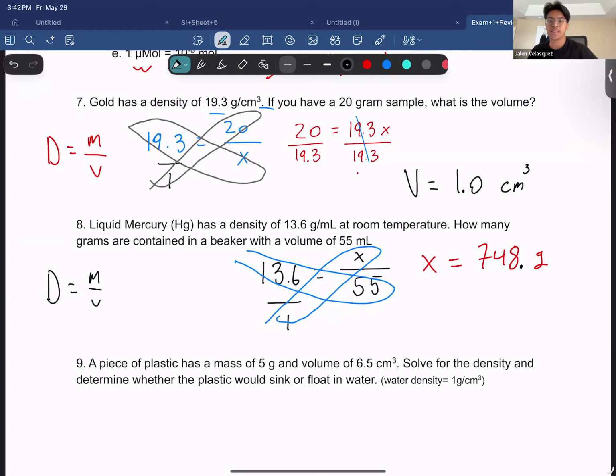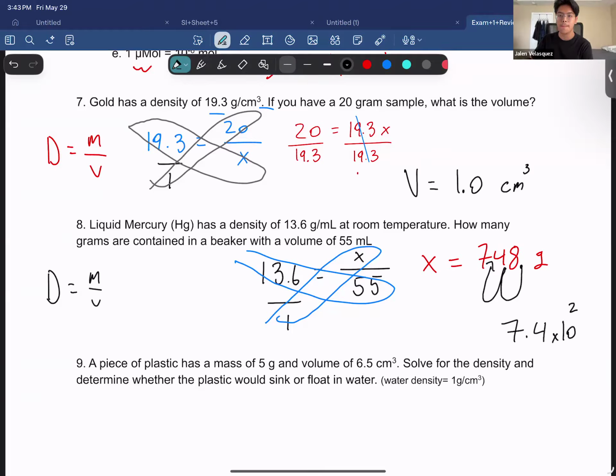So I want my point to be here between the 7 and the 4. So let's count how many spots it takes to get there, right? So we have 1, 2. So it jumped 2 spots. So our number should be 7.4 times 10 to the positive 2.